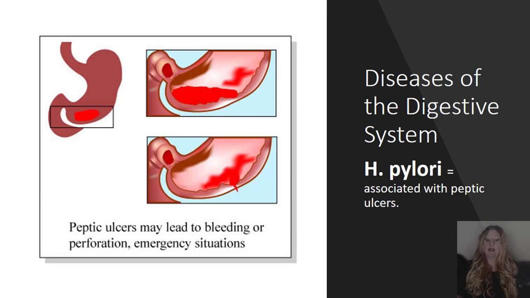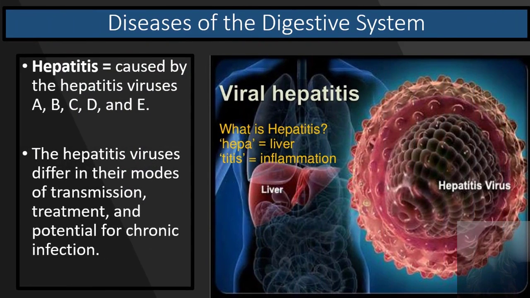Peptic ulcers may lead to bleeding or perforation in emergency situations. Hepatitis can be caused by the hepatitis virus. There are many subtypes, A, B, C, and D. Hepatitis viruses differ in their modes of transmission and treatment and their potential for chronic infection.